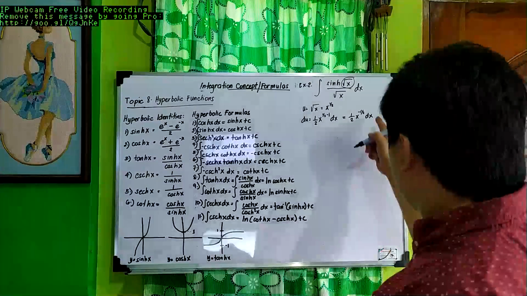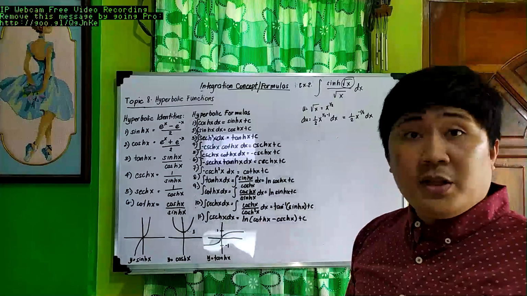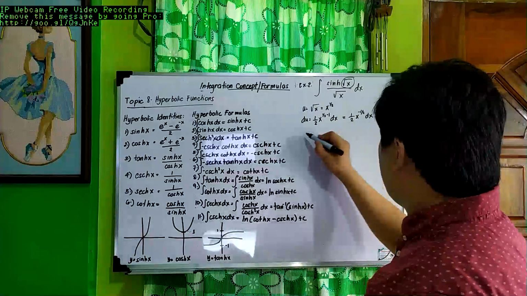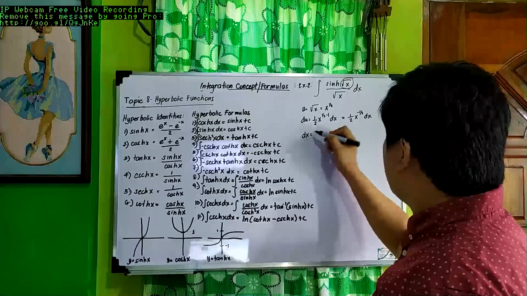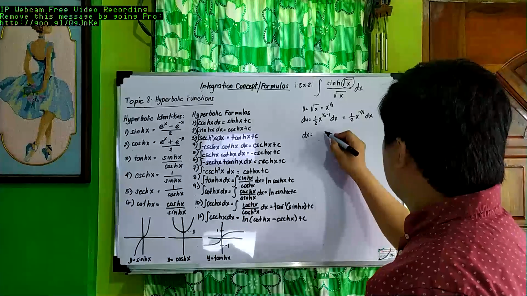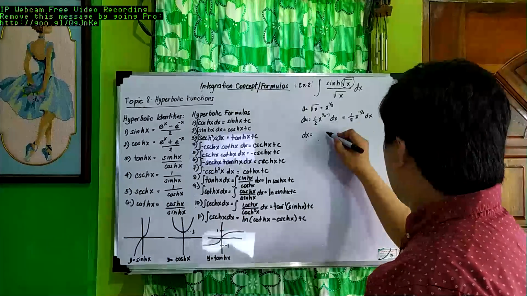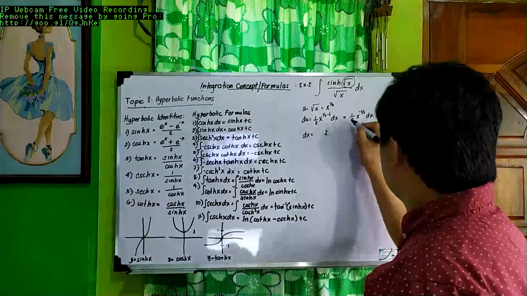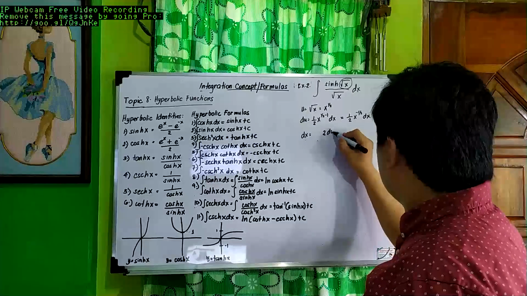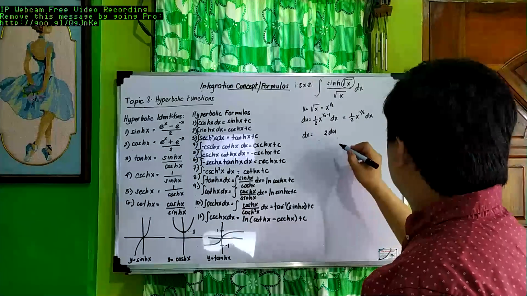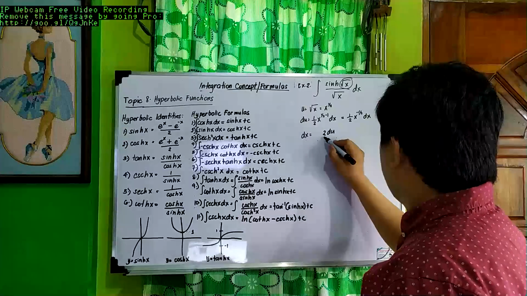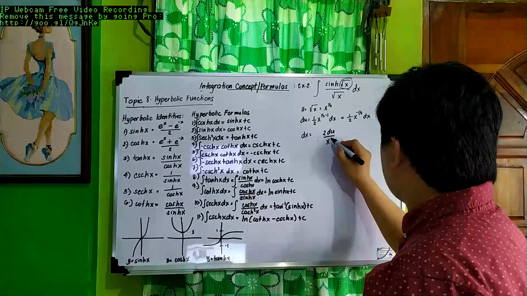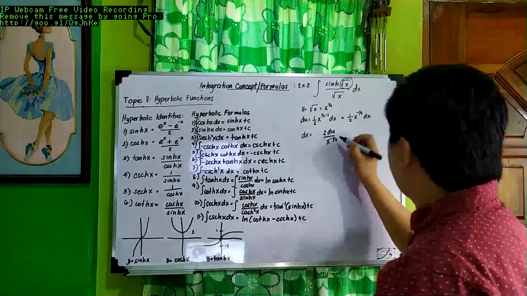So from there, we need to get your dx. So your dx is equivalent to, when we get that one, 2 times du divided by x raised to the power of negative 1 half.